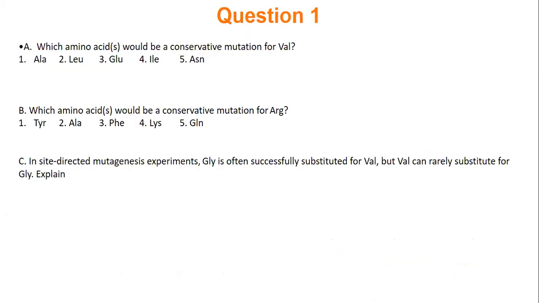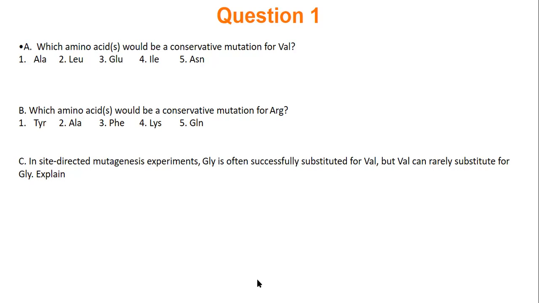Just to make sure we have those ideas down, and we know our amino acid classes, I have a question here, and I do have a poll for this one. I want to know first, which of those amino acids, and there's more than one answer, would be a conservative mutation for Val?